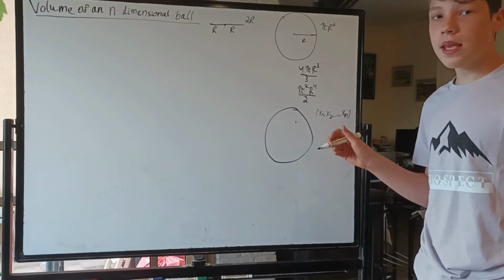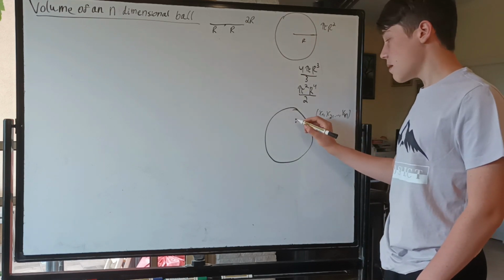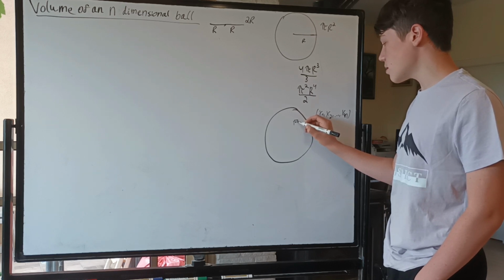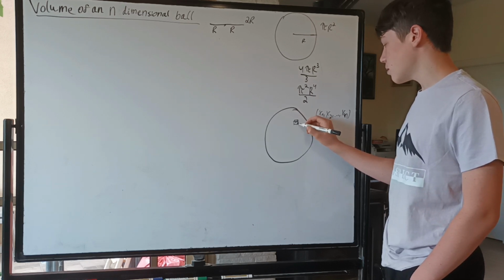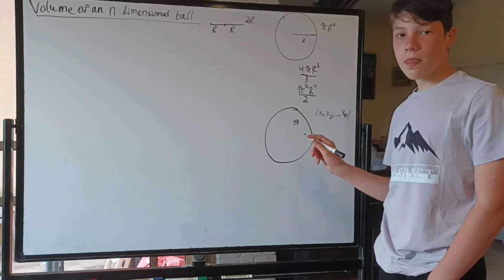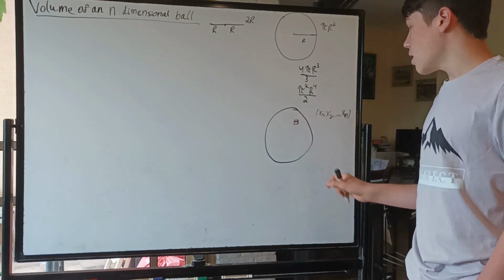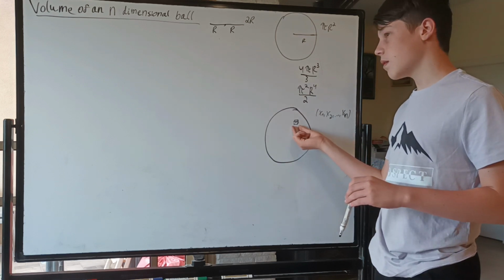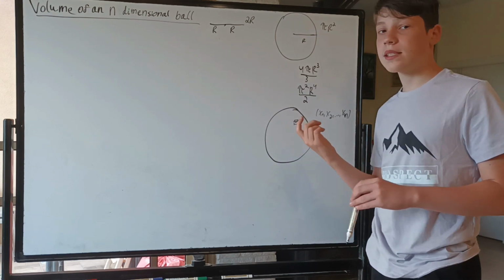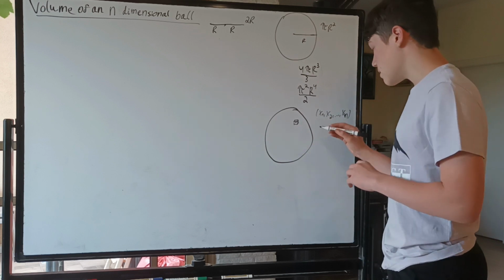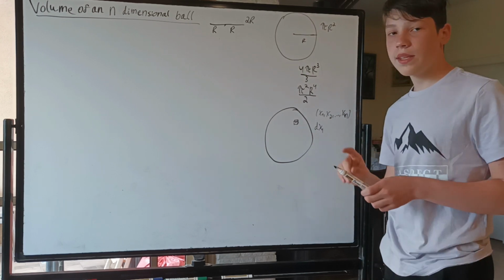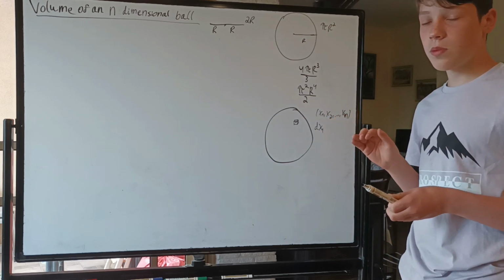If we have some box at these coordinates, then the length of the part on the x1 axis is dx1, a very small length in the direction of x1.